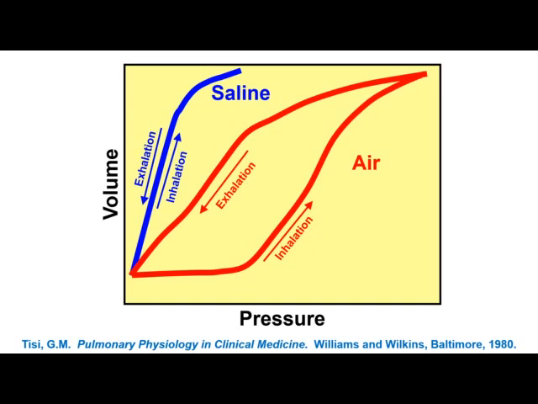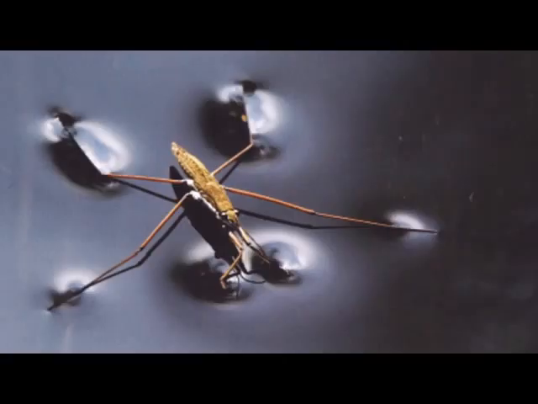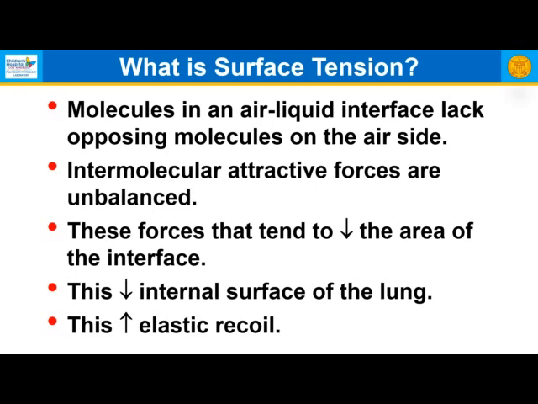Since it's not present in a completely fluid-filled lung, it must be due to properties of the air-liquid interface. Okay? That is surface tension. All right? And here's an example of surface tension being able to hold this insect up on a body of water. What is surface tension? Molecules in an air-liquid interface lack opposing molecules on the air side.